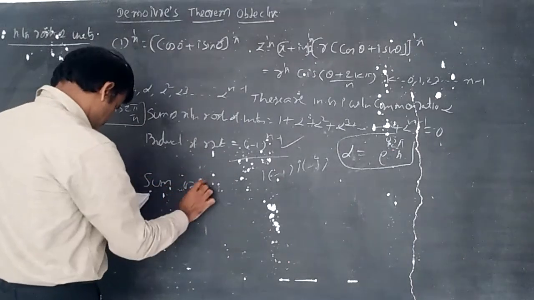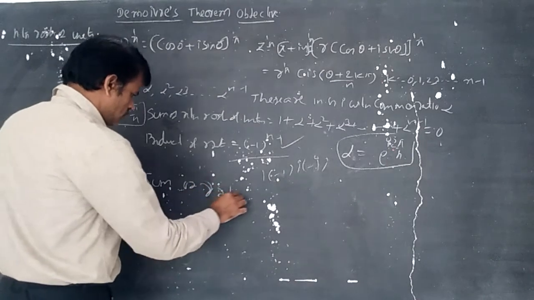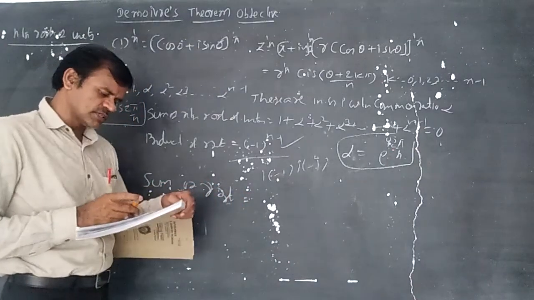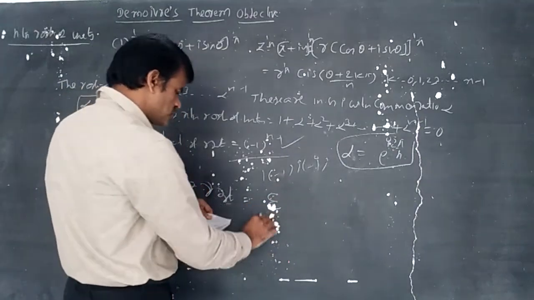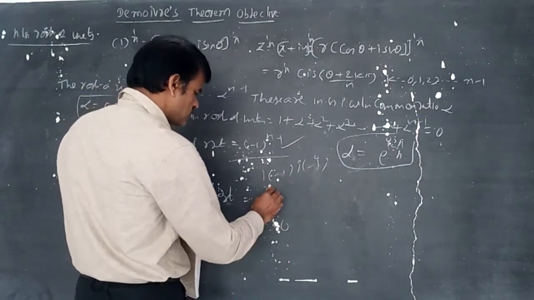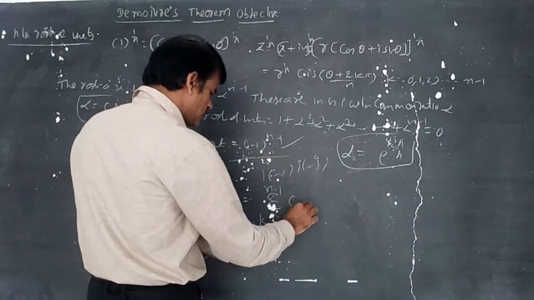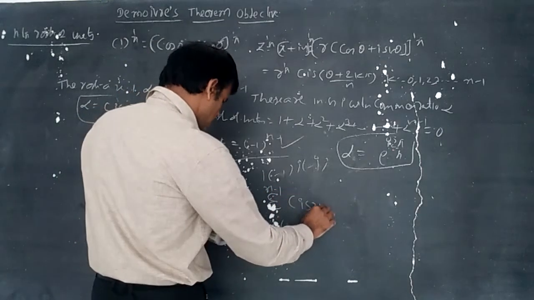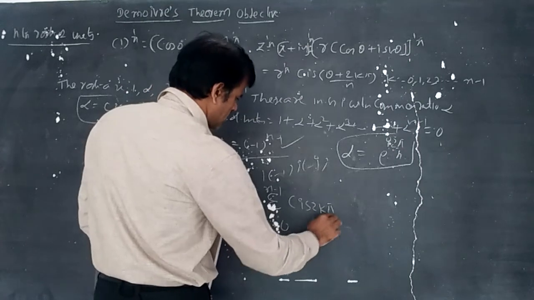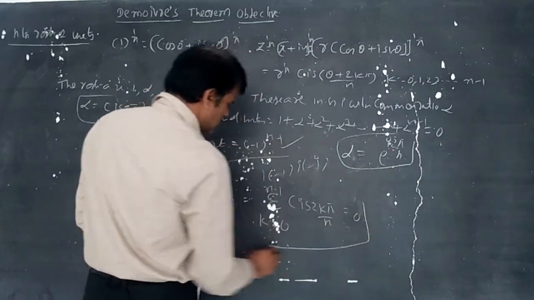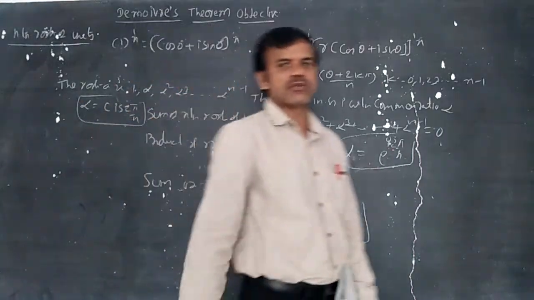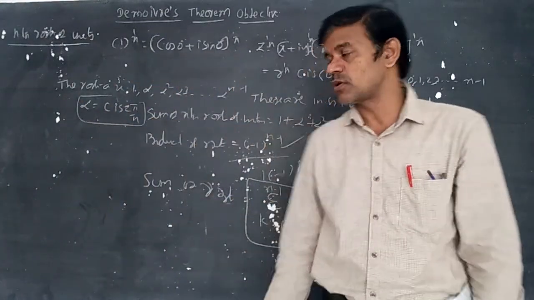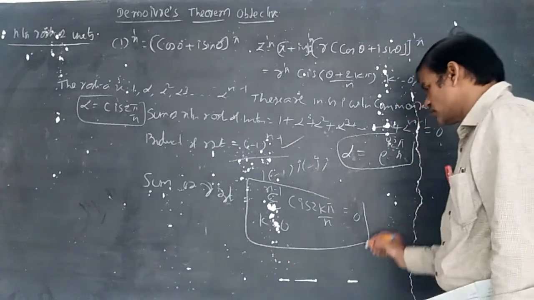The sum of roots can be written as sigma, k is equal to 0 to n minus 1, of cis 2k pi by n, equal to 0. Remember this as a formula. Of course, this is the concept of 1 + omega + omega square equal to 0, or 1 + alpha + alpha square and so on up to alpha power n minus 1 equal to 0.